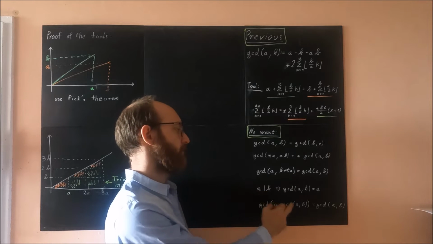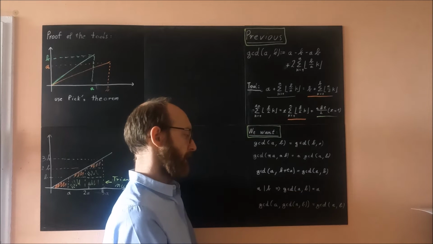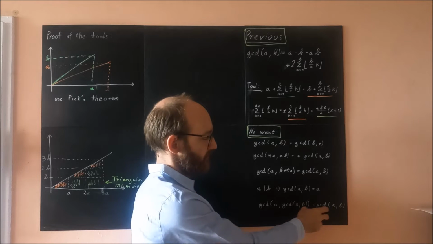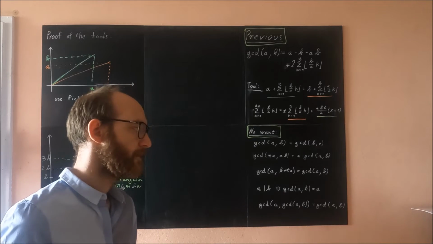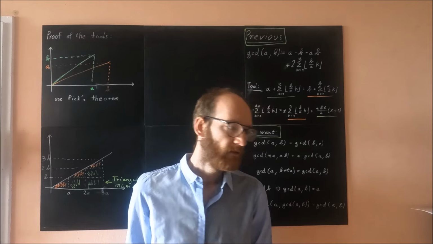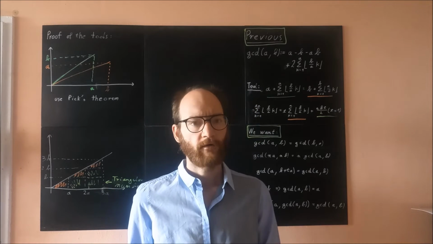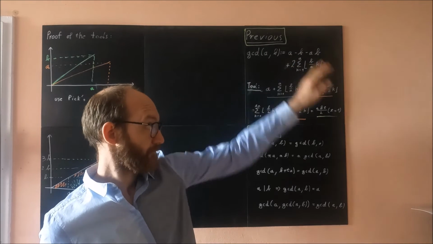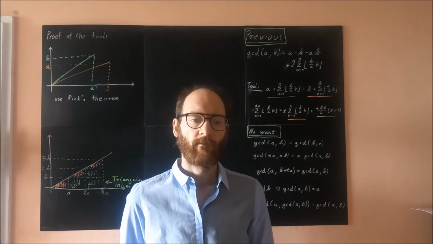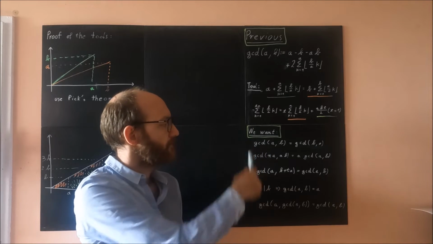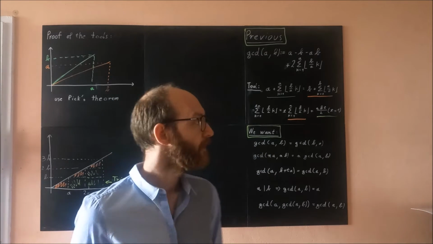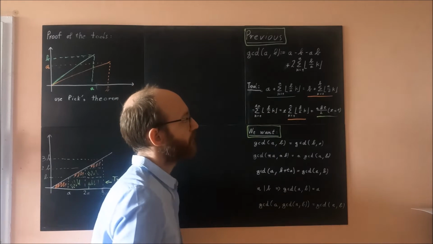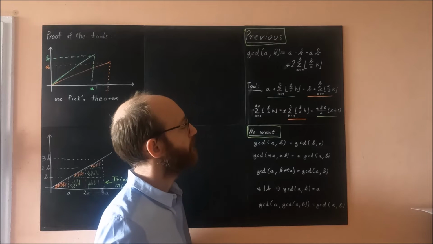And then if A divides B, we have GCD of A and B is A, and GCD of A and GCD of AB is GCD of A and B. And the interesting part of this video is, of course, using this expression. Before we start these 5 proofs, I want to introduce 2 tools which we don't prove in detail.